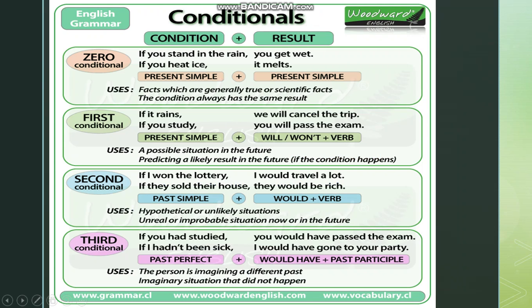So, apropos that one, we mentioned that there are four types of conditional sentences, and we also said that the first two types, zero conditional and first conditional, belong to so-called real conditionals, and the second and the third belong to these unreal conditional sentences.